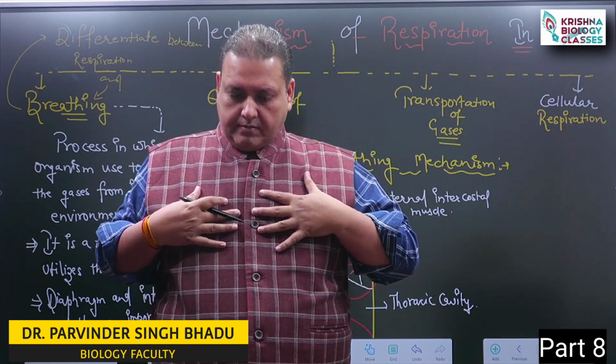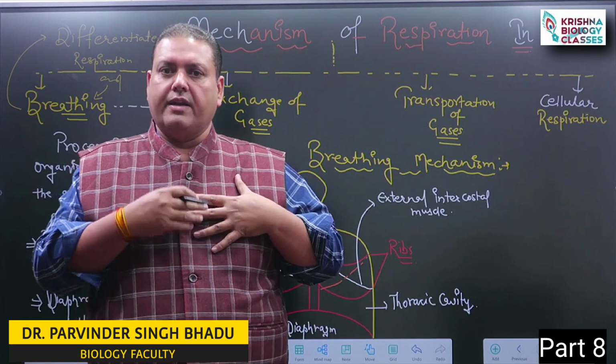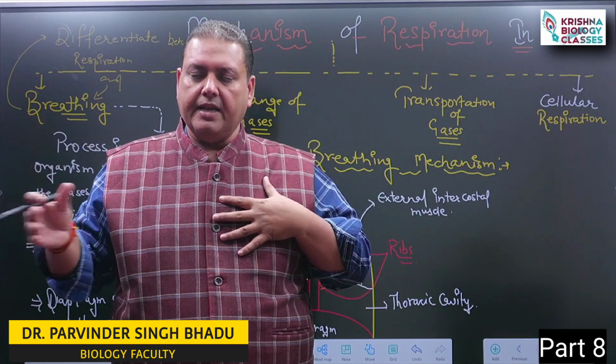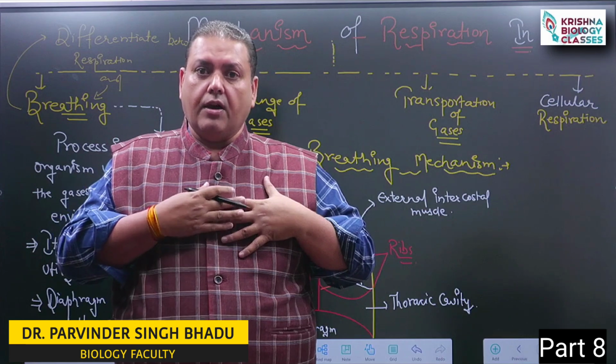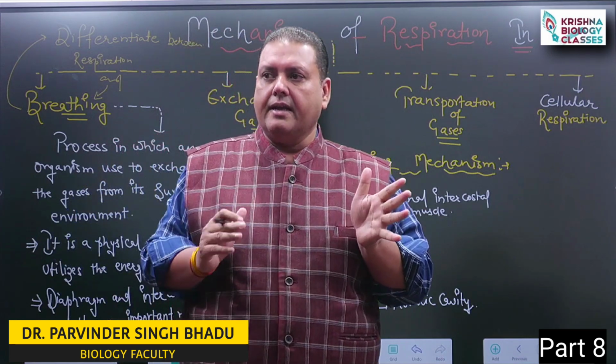So ribs are named as costa in Latin language. So in between costa, that is intercostal, on the outer side external intercostal, inner side internal intercostal.